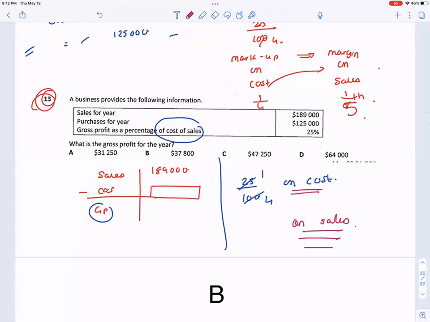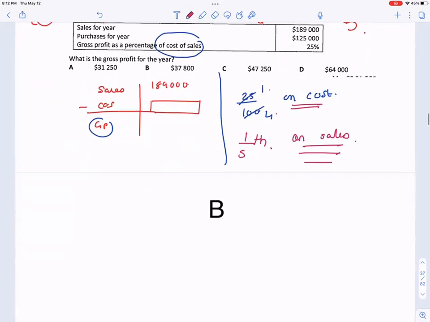From a smaller figure, if you go to a bigger figure, you will add the numerator to the denominator. So 1/4 on cost makes it 1/5 on sales.